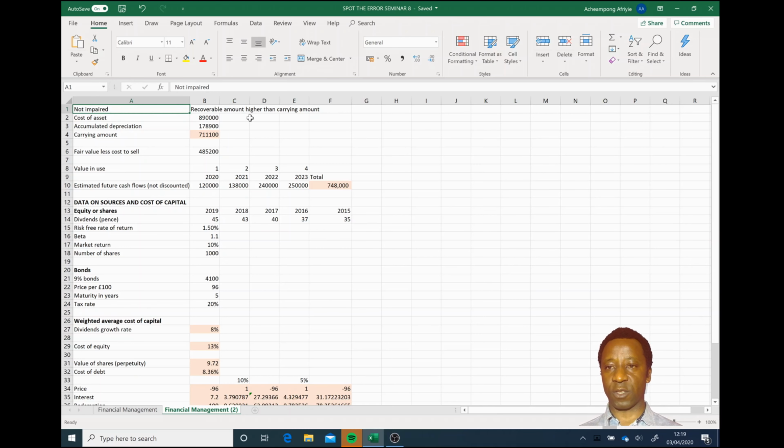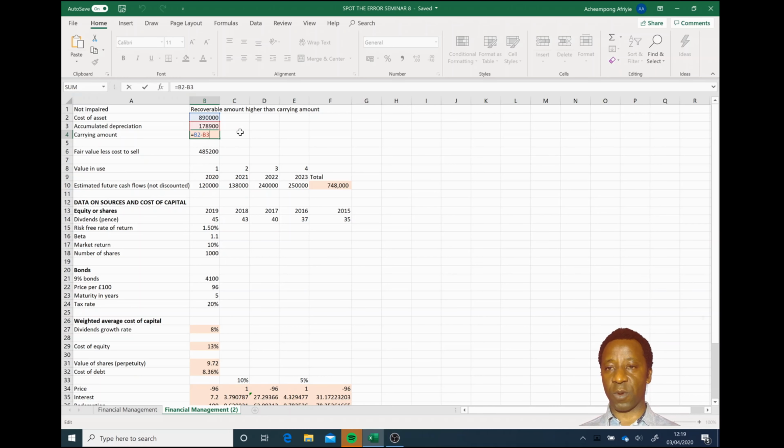Okay, so what do we do? We have to check the data on the carrying amount, and I think that's what we see here. We can see that the cost of the asset is given. We know the accumulated depreciation is given, and if we just double click on that, we can see that the carrying amount is indeed the difference between the cost and the accumulated depreciation.